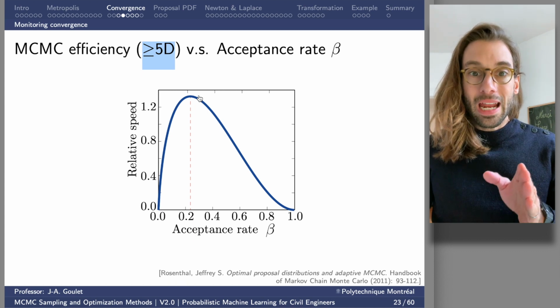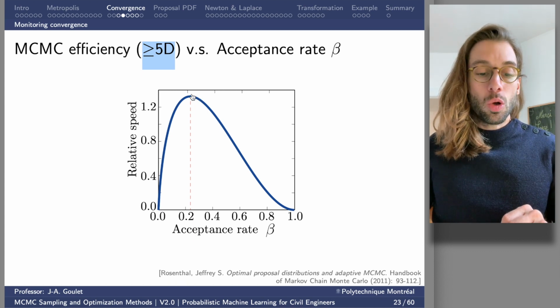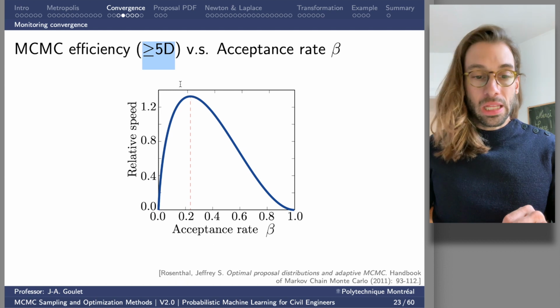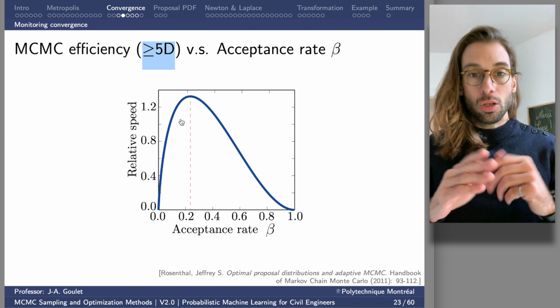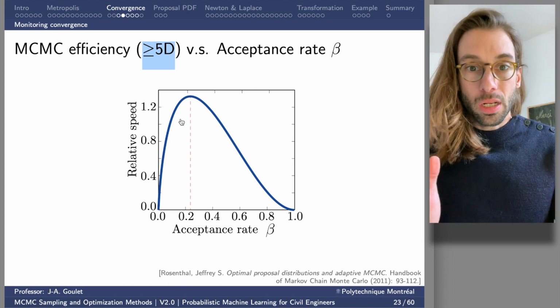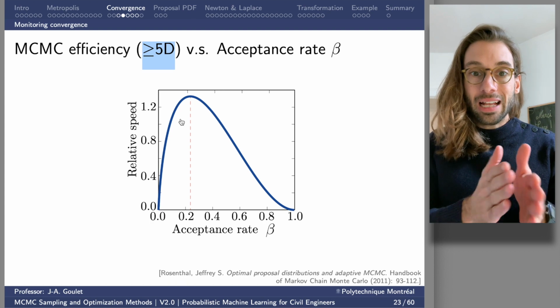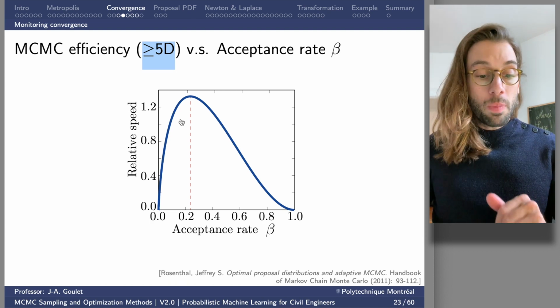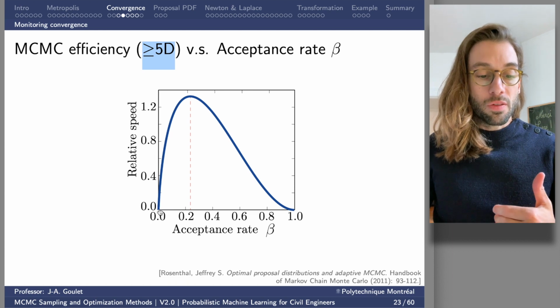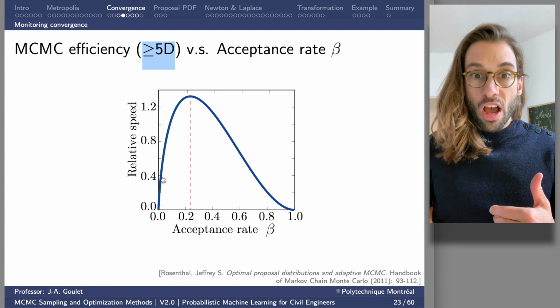So you don't need to aim exactly for 0.25, especially since this study was made for the Gaussian posterior, okay? Your posterior might look different from the Gaussian, so the exact optimality might not be at the same point. Where you want to avoid being is having an acceptance rate of, say, 3 or 5%, or something around 80%.